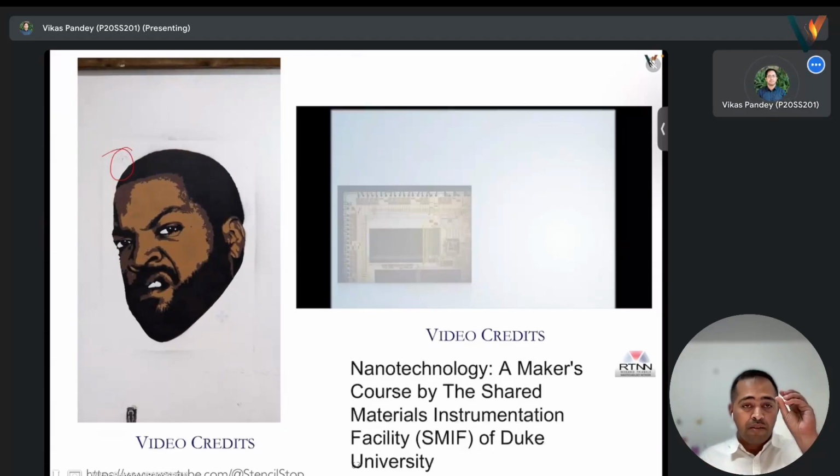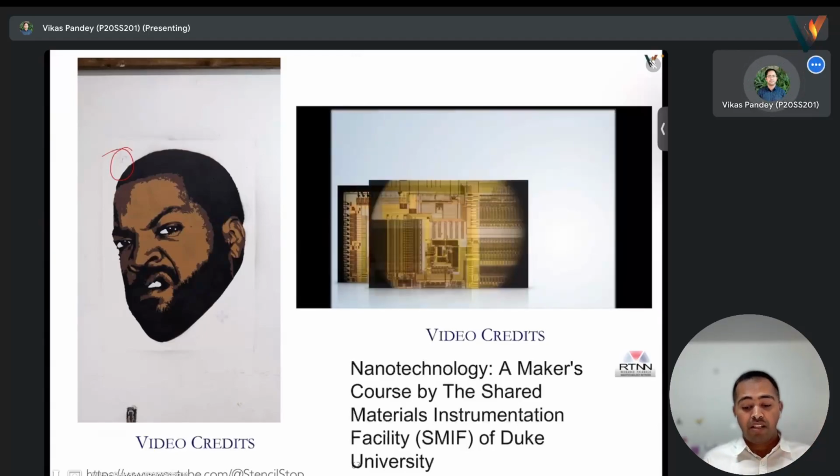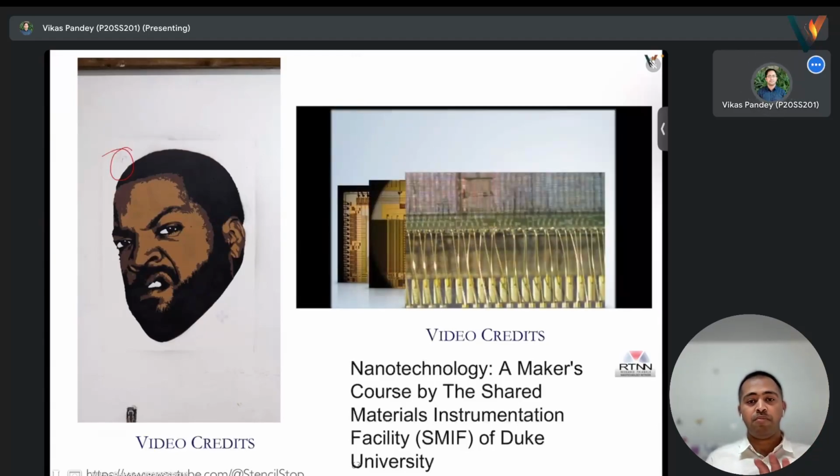That is a marking to align one mask over another. This is the same process used in lithography, and multiple such layers are made using it. This is one of the most important parts of microfabrication.